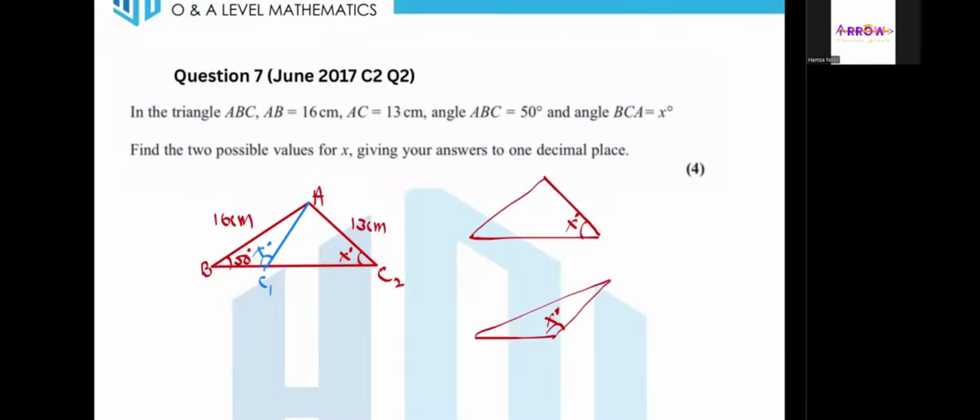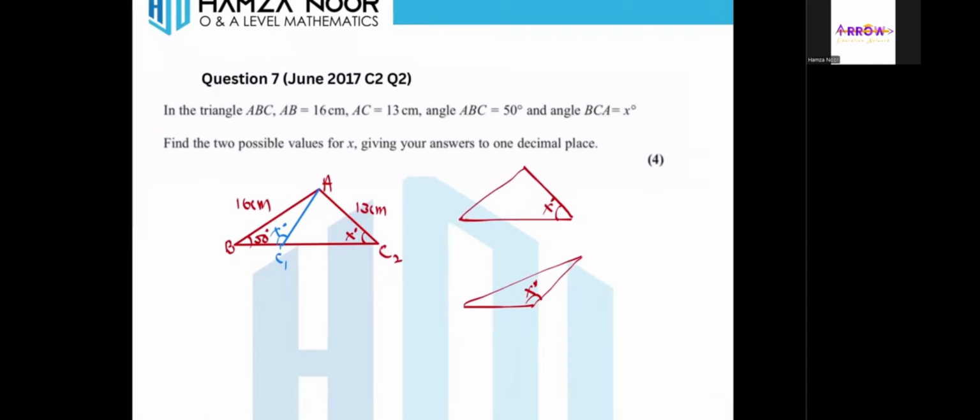And this AC length is 13 centimeters, and this AC length is also 13 centimeters, such that you will have an isosceles triangle here, with AC1 and AC2. All right, so making a sketch is not a requirement of the question, but if you make your sketch, things become easier to comprehend, and you can attempt the question.